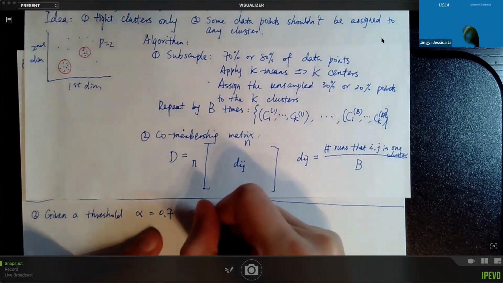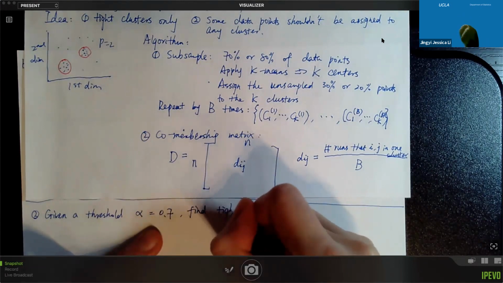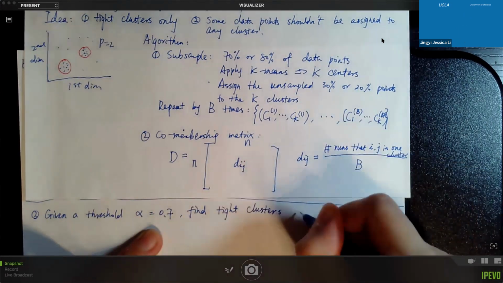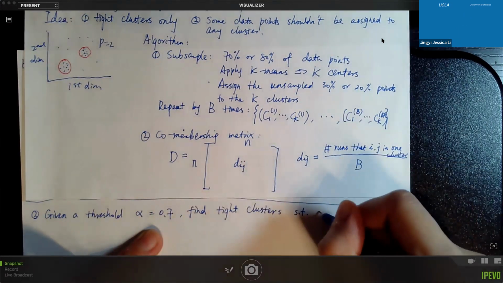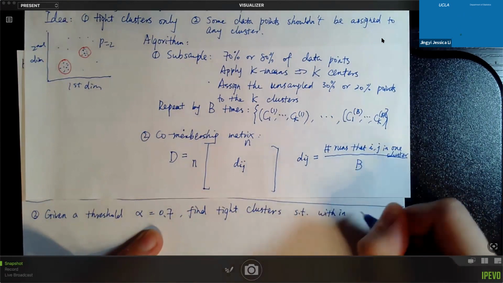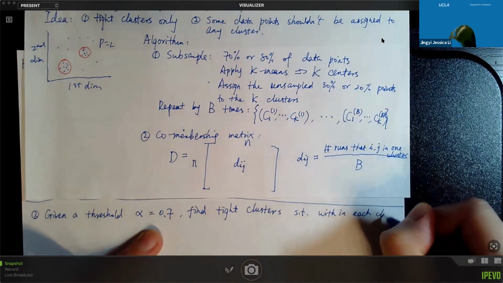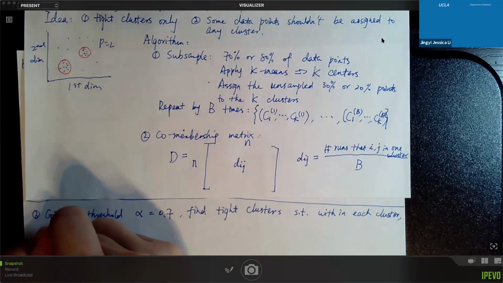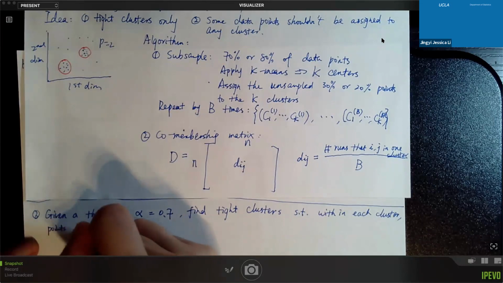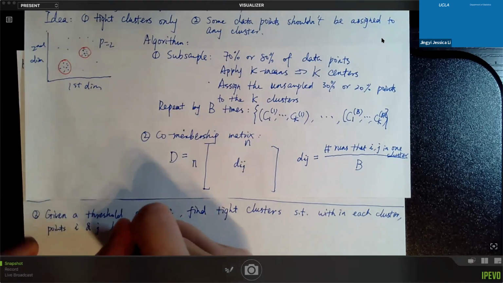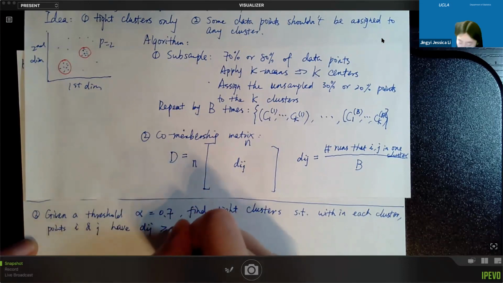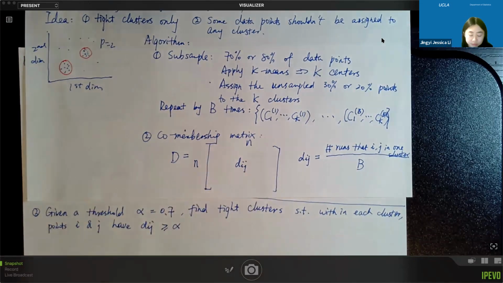I want to find tight clusters such that within each cluster, points i and j have dij greater or equal than alpha. That's the final step I want to do.